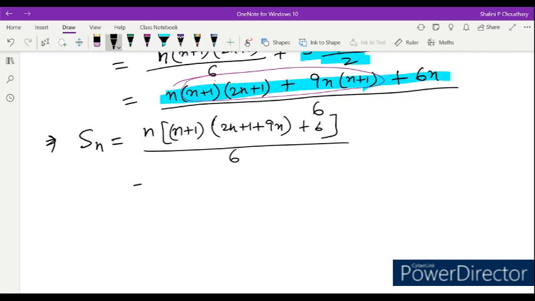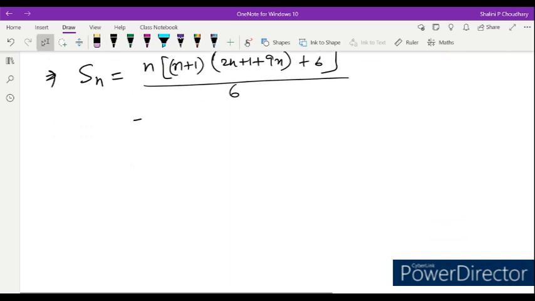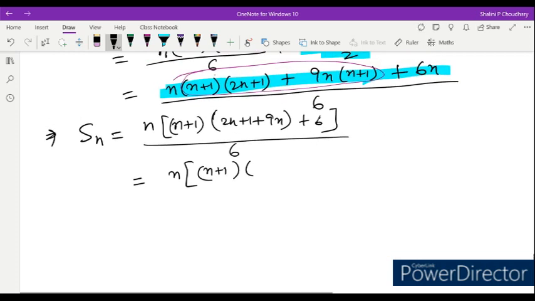Now we'll simplify this, and we'll be getting n into n plus 1 into, this will be 2n plus 9n, sorry, n we have taken common, so 2n plus 10. So 2 we can take common, and into it will be n plus 5 plus 2 into 3 we can write.